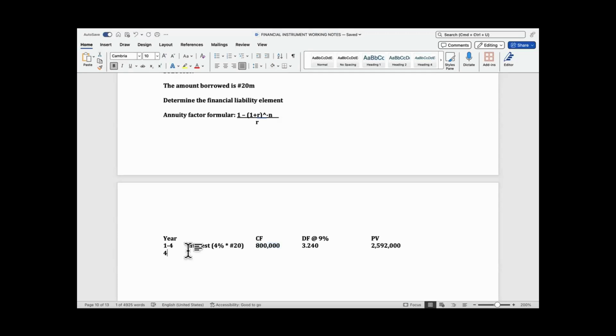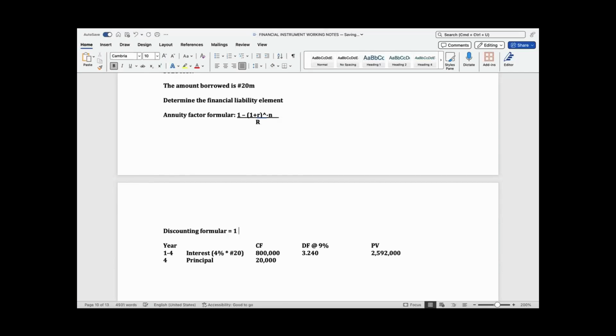So we would also get the present value of the principal amount, which will be paid in year 4. And the principal amount is 20 million. So for that, we use the discounting formula. We cannot use annuity for that. That one is a future value that we need to get the present value of.